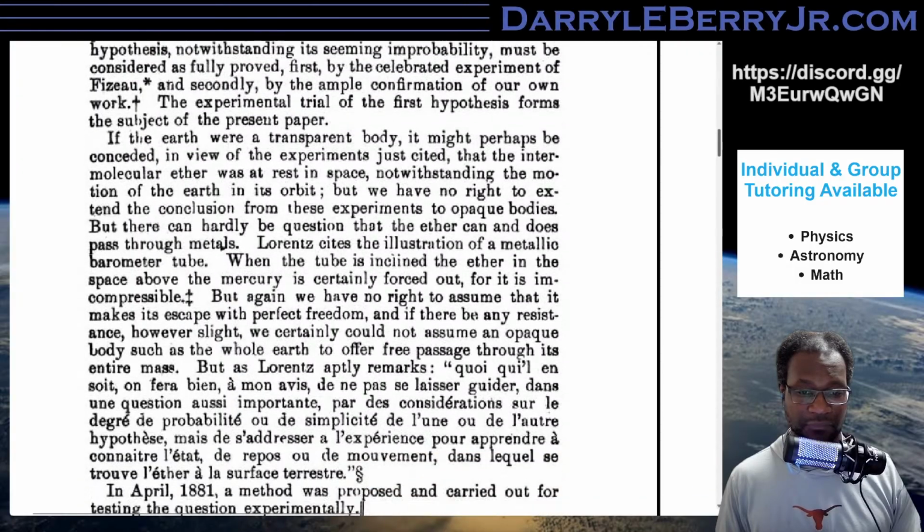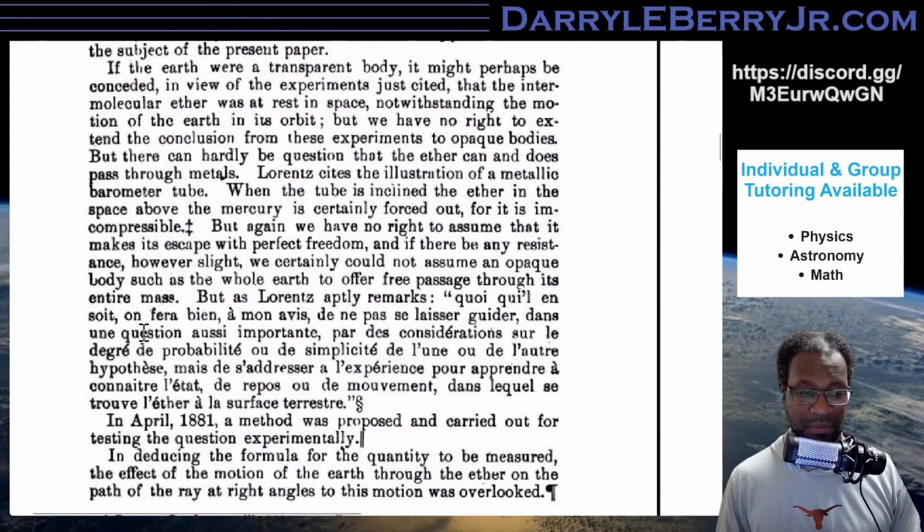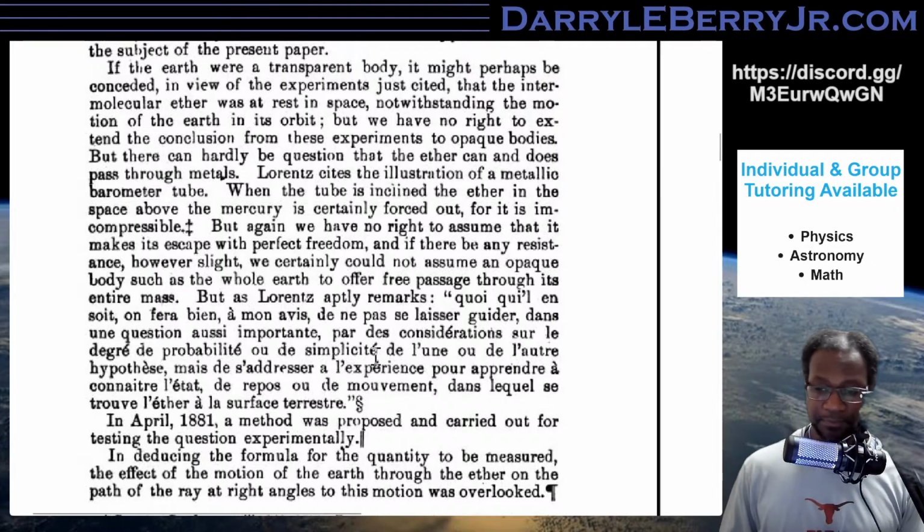But from what I can tell from the French, it's saying that an important question is the consideration of the degree of probability or simplicity of one hypothesis or the other, but to address the experience and to know and understand about the movement of the surface of the Earth. So it's talking about the different probabilities and some experience.